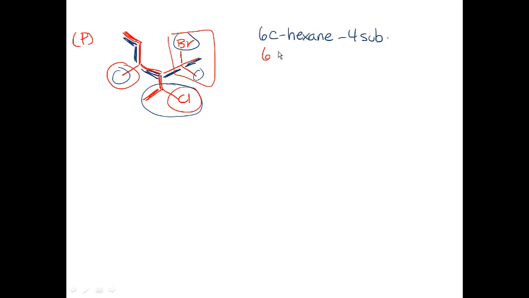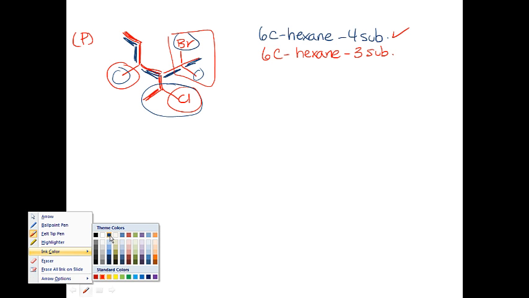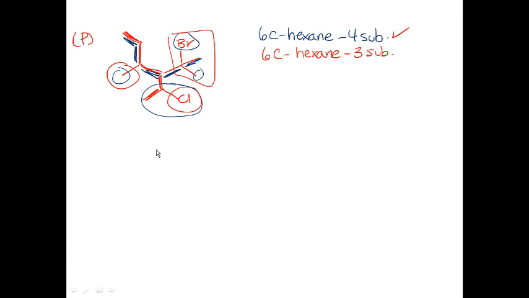So the red chain has 6 carbons. It's also a hexane. The problem was that it only had 3 substituents off of that red chain. And so therefore, I'm going to go with the blue chain. And so I'm going to rewrite this molecule out.